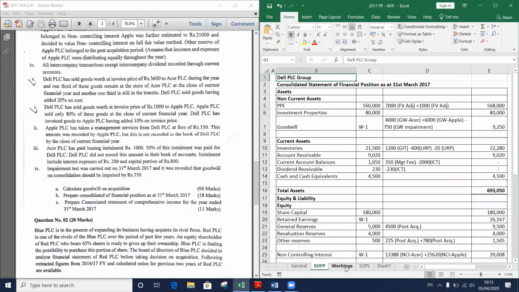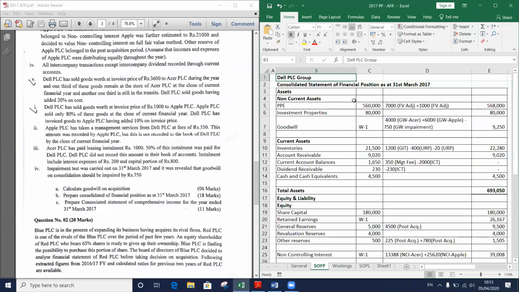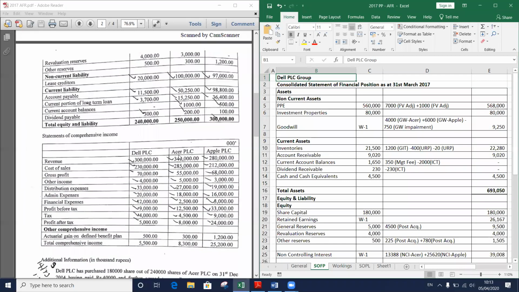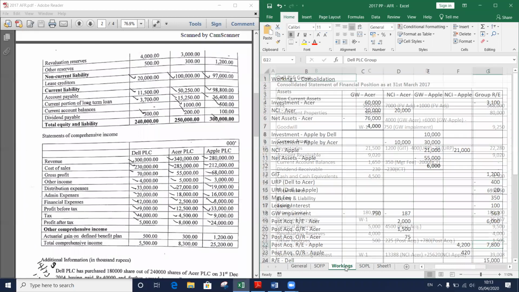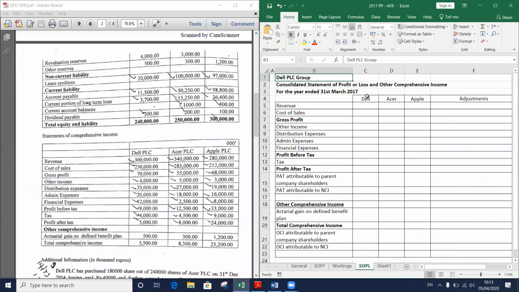Right. So we need to prepare the statement of profit and loss, right? We are going to prepare the consolidated statement of profit and loss. Right. Here we have 3 companies, including our parent company, Dell, Acer, and Apple.